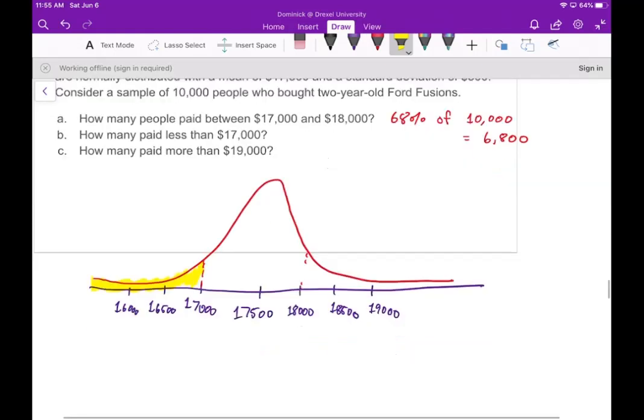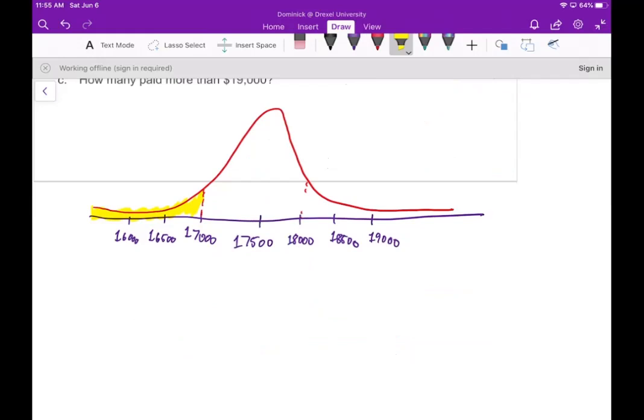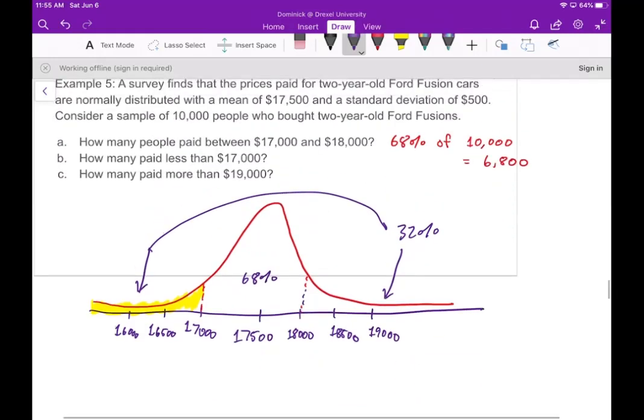Well, now we have to be a little bit clever because we know that there was 68% in the middle, which leaves us 32% for both sides. Right? That would be both of these added together. And since I only want half of it, we would get 16% of 10,000, because I just want the lower part. And since it's symmetric, I'm allowed to cut it in half. So then that would give me 1,600.